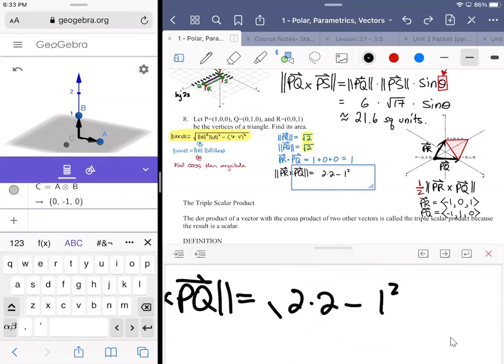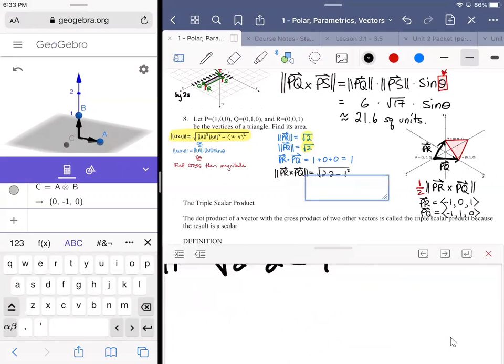Ooh, that's fun looking. And so we would get radical 3. So that would be the magnitude of the cross product between those two vectors. That gives you the area of the entire parallelogram.